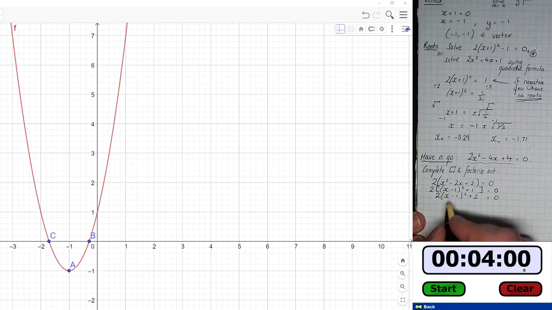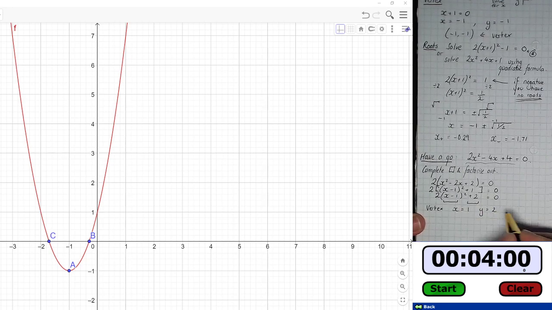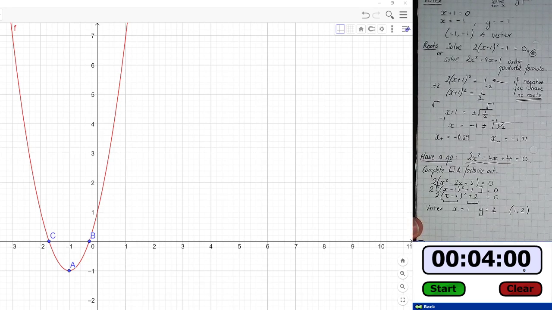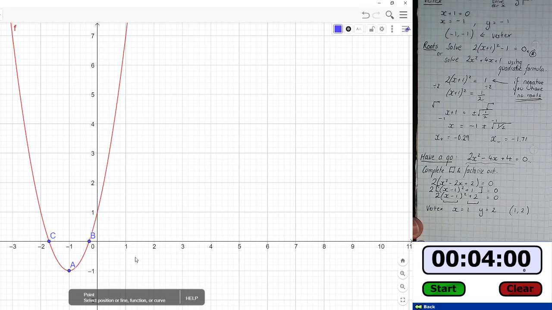So for our vertex, we look at when the bracket is equal to 0 and the number at the end. So our vertex is going to be at x equal to 1, because 1 take away 1 is 0, and y equal to 2, so at (1, 2). Let's get a point in at (1, 2). So there.